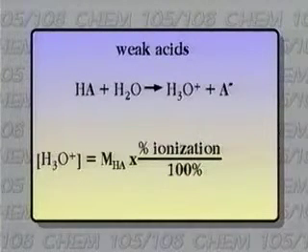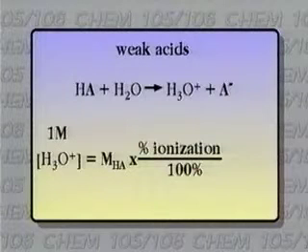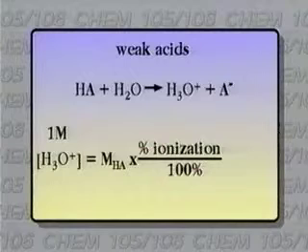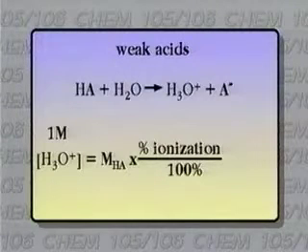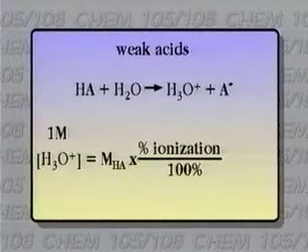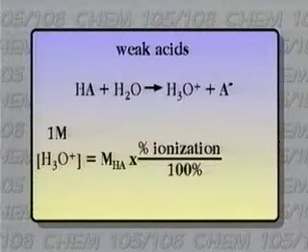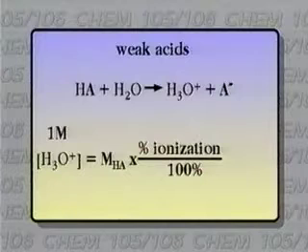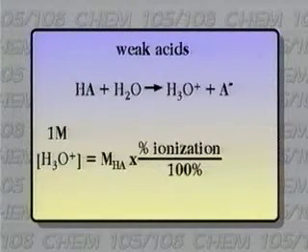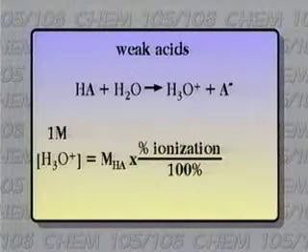So let's say we had a weak acid which had a concentration of 1 molar, and we found out that it was 5% ionized. In other words, 95% of the acid stays as molecules, only 5% actually undergoes this reaction to form the ions.